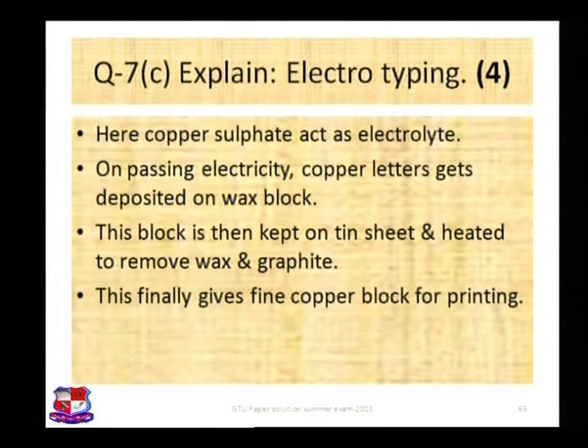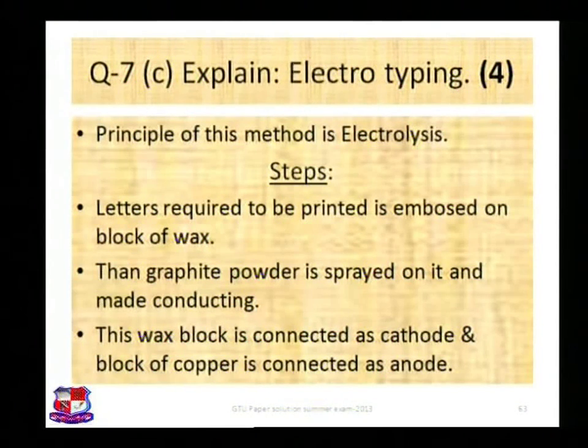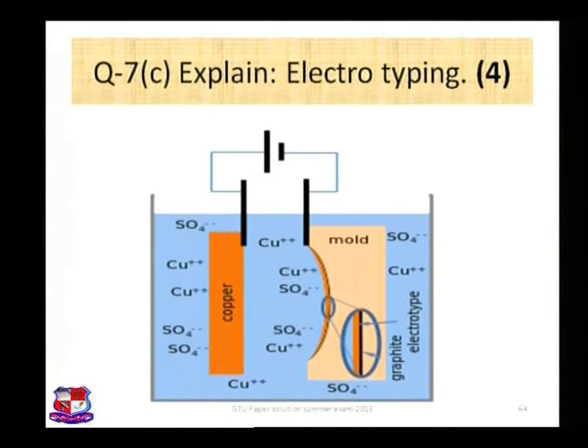So what are the steps? Let us see here. In the electrotyping process, it works on the principle of electrolysis, and you are all aware of the process of electrolysis. So we first have to draw the diagram. Have a glance at this diagram very clearly. You have the two blocks, there is an electrolyte solution, then the letters to be printed.